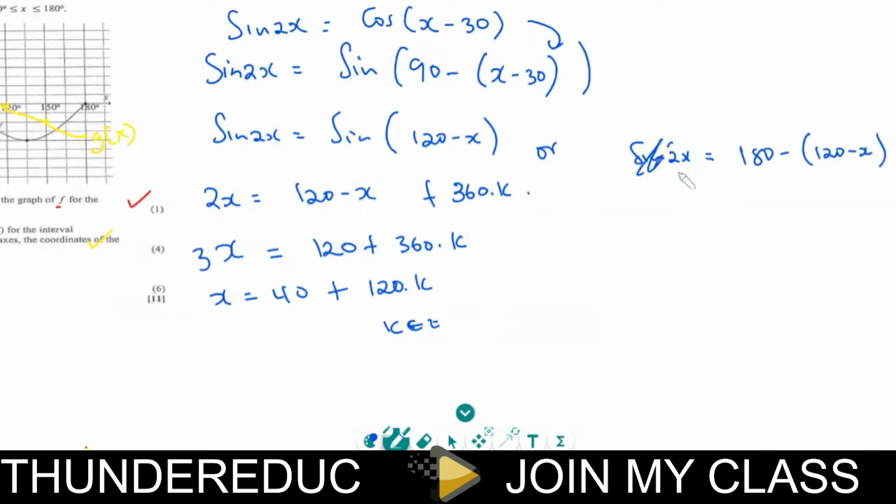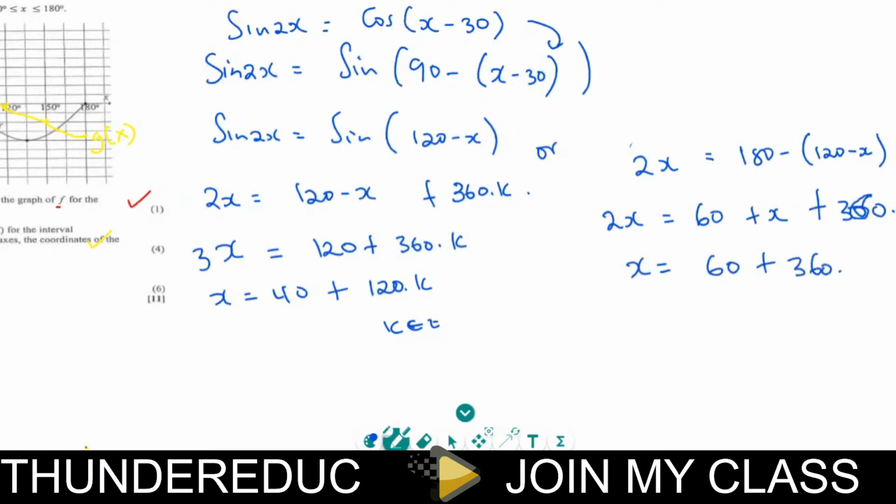Now ignore the sine, I'll use the 2x alone. Then my 2x is going to be 180 minus that, which is 60 plus x, and then plus 360 times k. Then move that, so x is the same as 60 plus 360 times k. K is a set of integers.